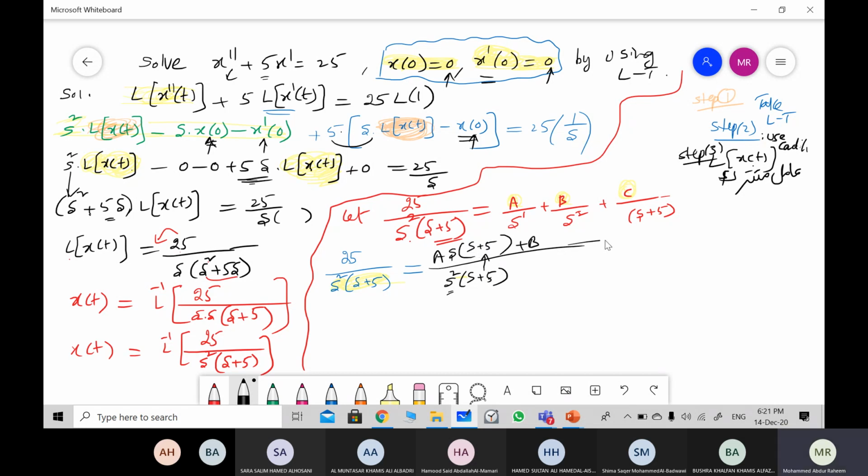Plus B bracket. Compare denominators. This is there, then this is there, no? This is there, yes. This one is here, okay. But this is missing, so multiply here. Plus C. This is there, okay. But this is missing. So s square here. Then the same cancel.